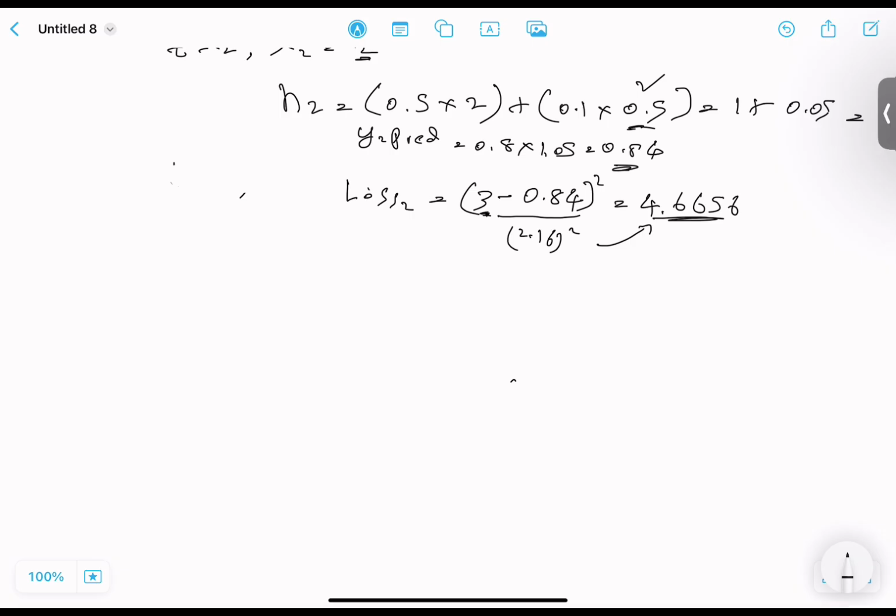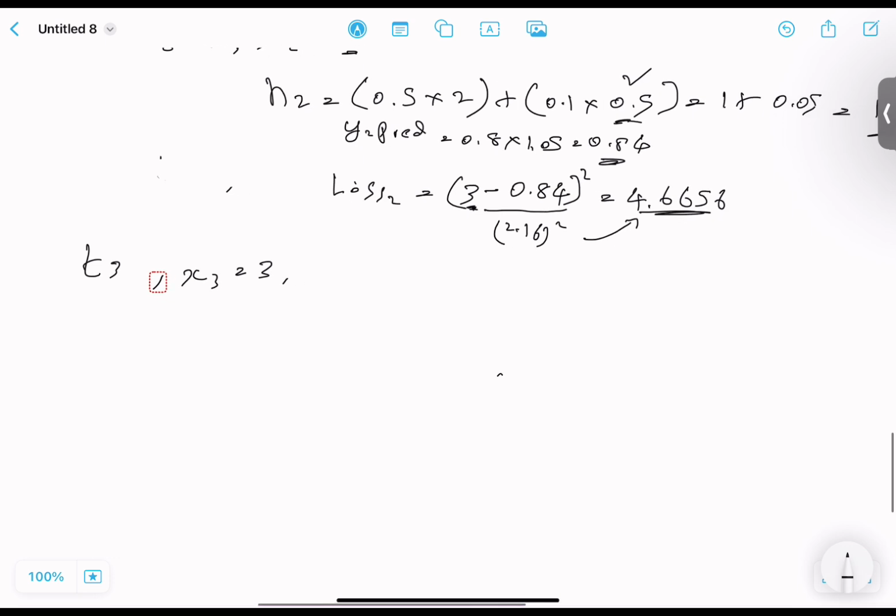Now let's come to time step 3, T3, and x3 equals 3. In here also we are doing the same.